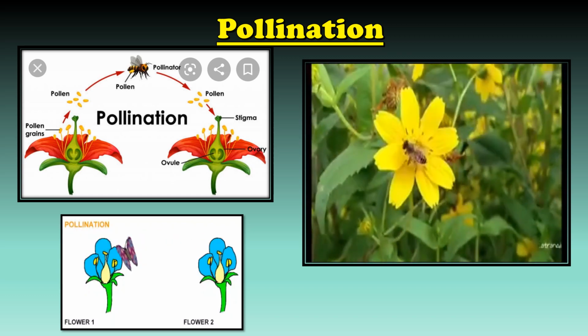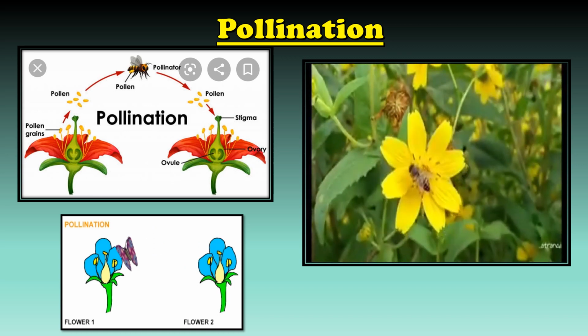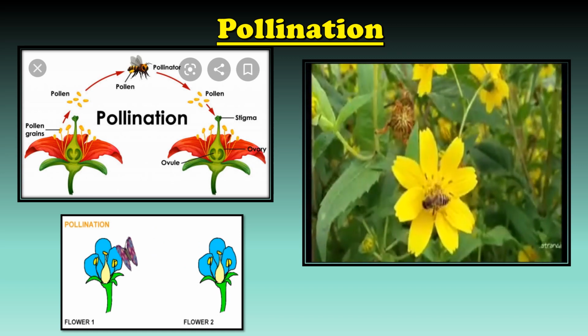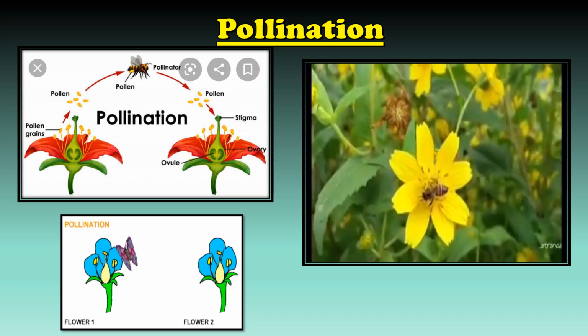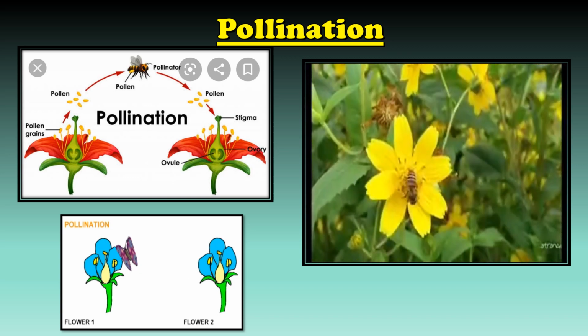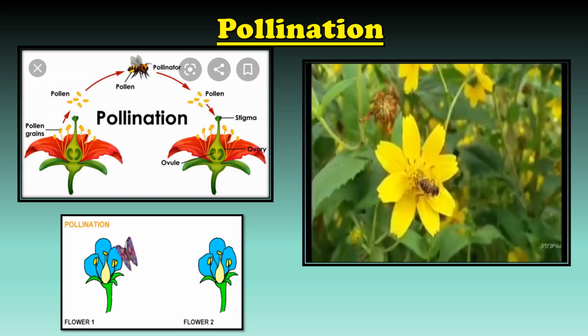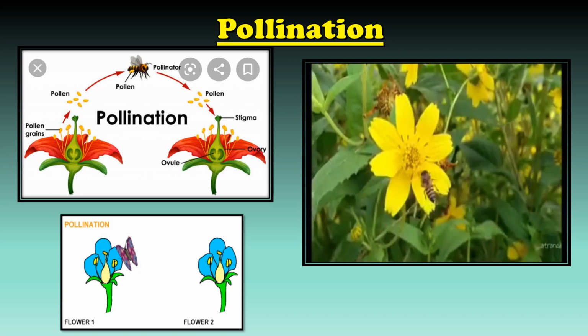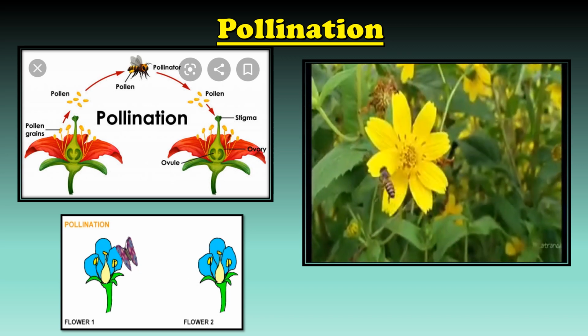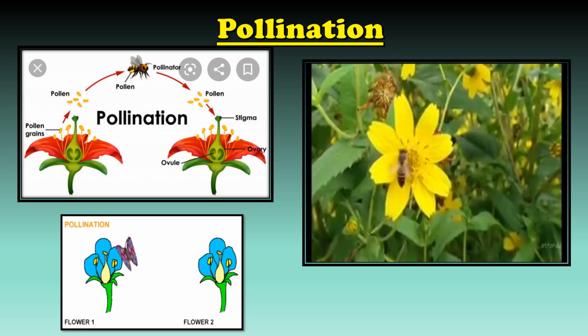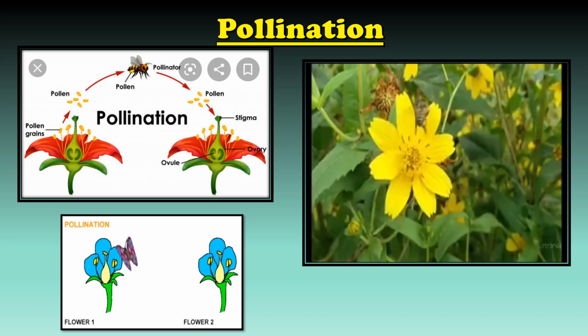After that, what happens? The ovules become the seed and the ovary becomes the fruit. This process is known as fertilization, which is very important for reproduction, and for getting new seeds.